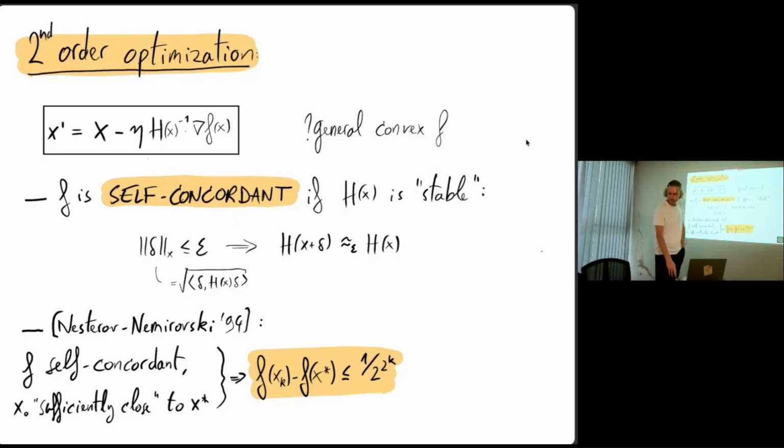And then what are some nice examples of such self-concordant functions other than quadratics? That's a good question. Is it a huge family? Do I think of it as covering almost everything I would care about? No, definitely not. I think self-concordance is a strong notion because it asks that this Hessian is stable everywhere, and typically we just want it to be stable around the minimizers.